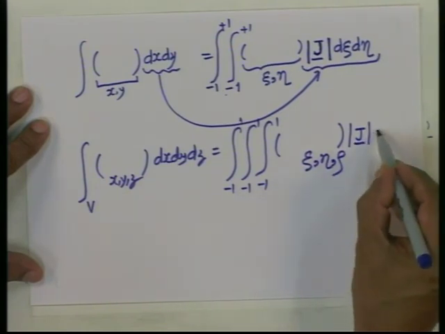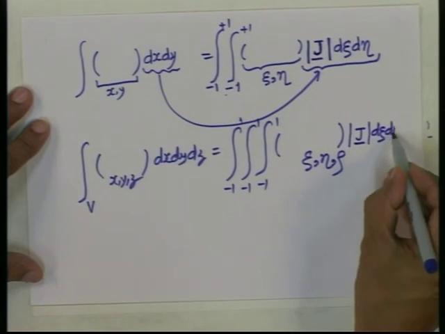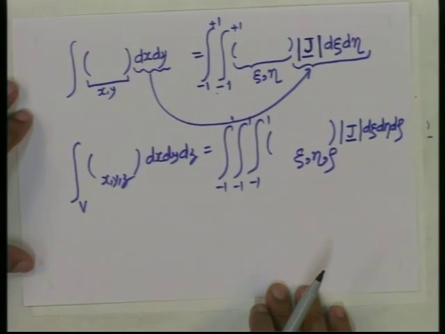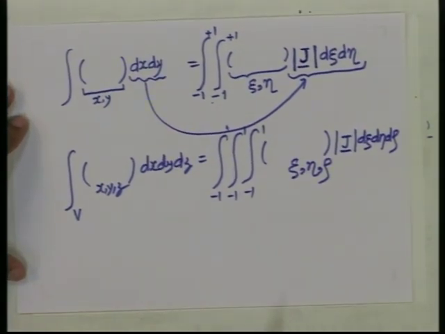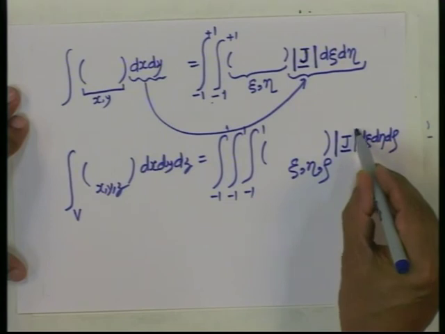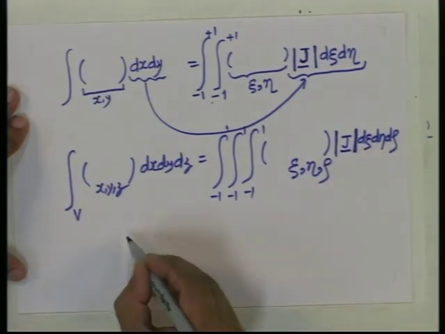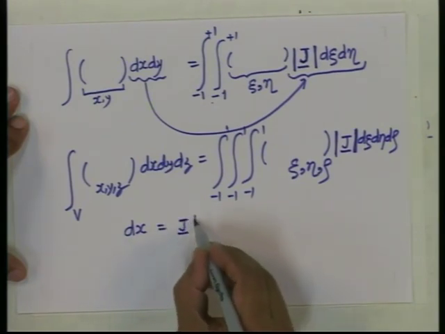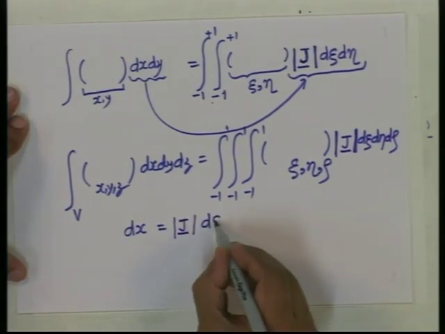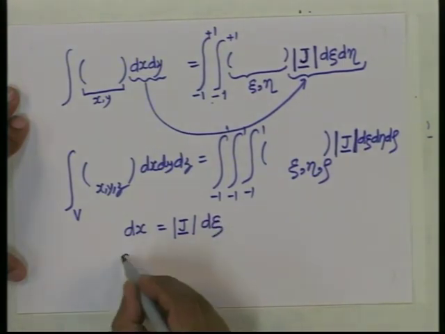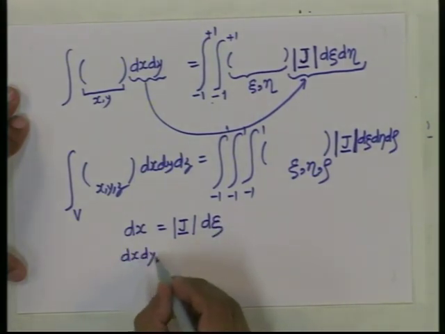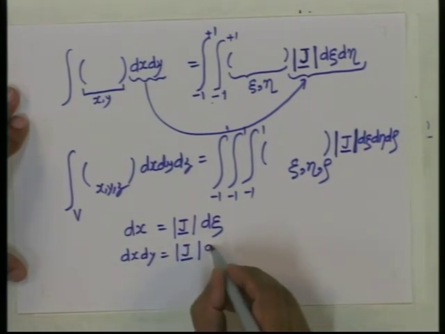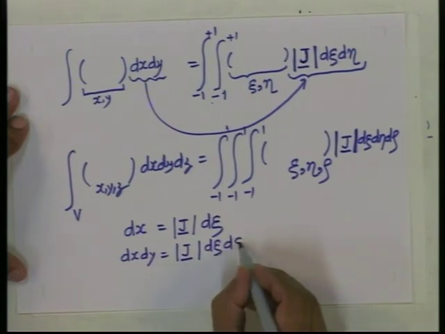Then this one is J and this is d psi, d eta, d zeta, like this. So, it is a very simple transformation. dx gets transformed into that J we have seen already, d psi. dx dy gets transformed into again J, but the J definition is different, d psi d eta.